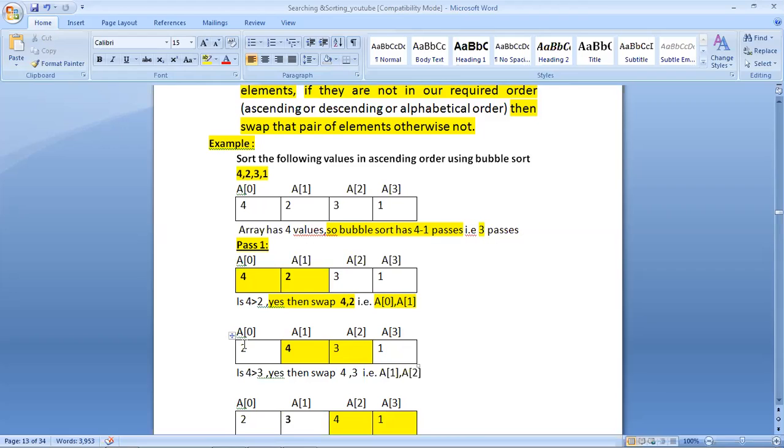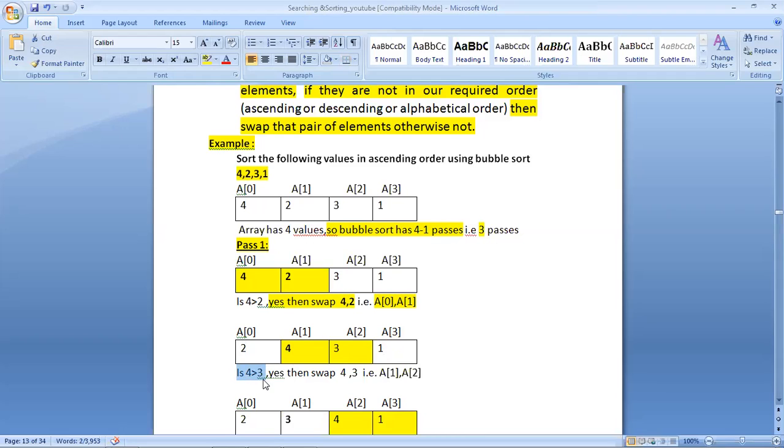Now after the swap operation, the array values are 2, 4, 3, 1. Now we identify the next adjacent pair of elements from the array, that is the second element and third element. The second and third elements are here 4 and 3. Are 4 and 3 in ascending order? We check, is 4 greater than 3?